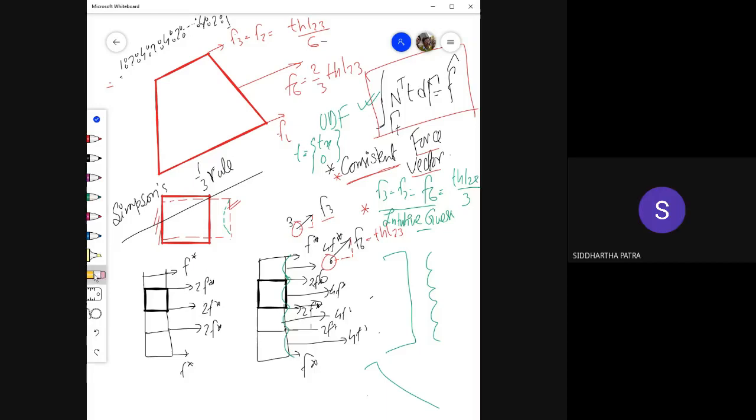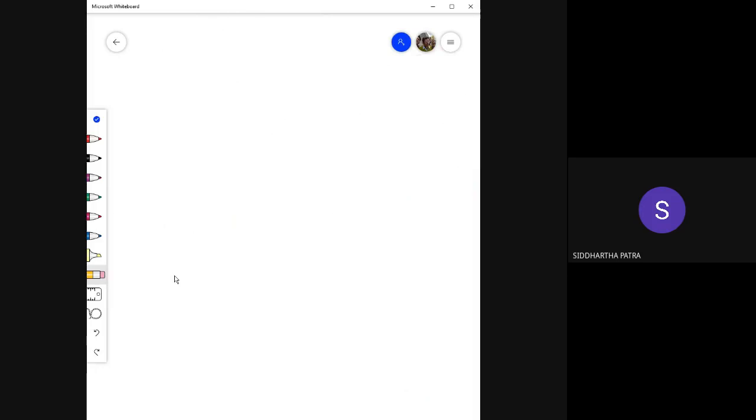Okay, so let's move on to our next topic, which is thermal conduction. Earlier we were looking into deformation of structures, of deformable bodies. So what was our degree of freedom at each location?